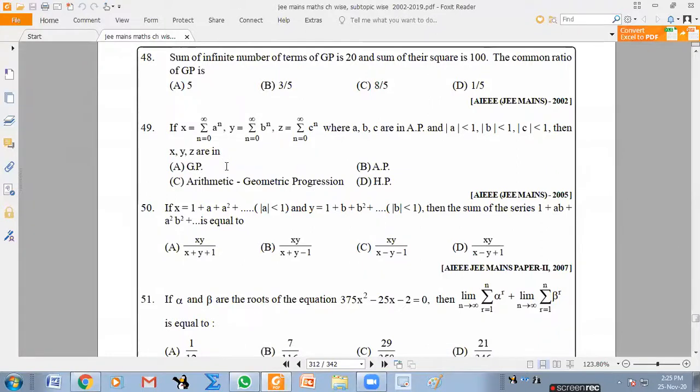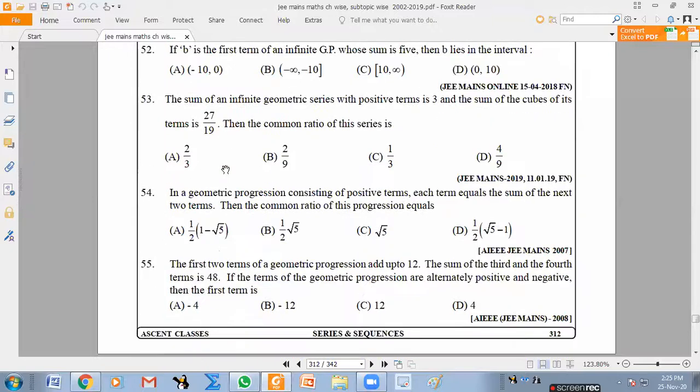Up to 51, anybody any doubts? Up to 55. Sir, 51. Okay.